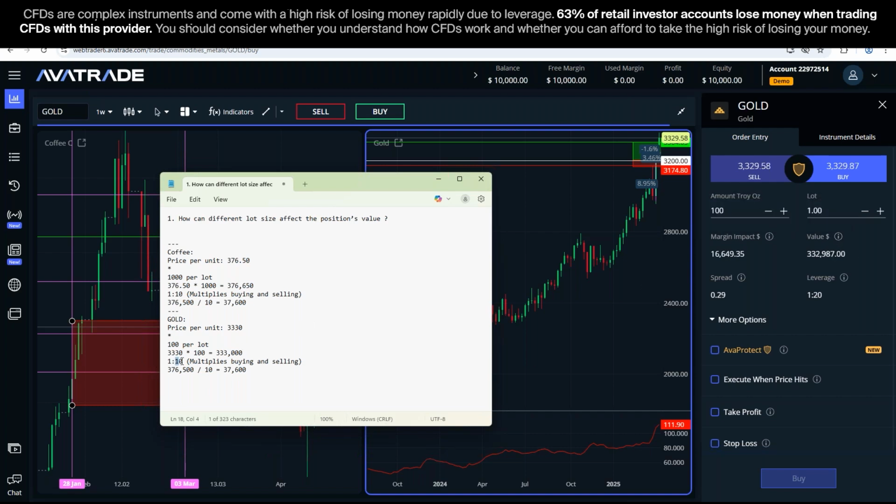We see that the leverage now is different as well, 1 to 20. We'll take the value and simply divide it by, this time, 20. Remember that we divided by the leverage, and we immediately see it cut by 20.